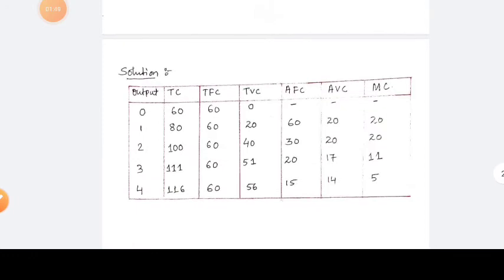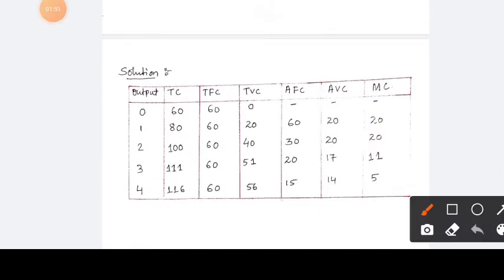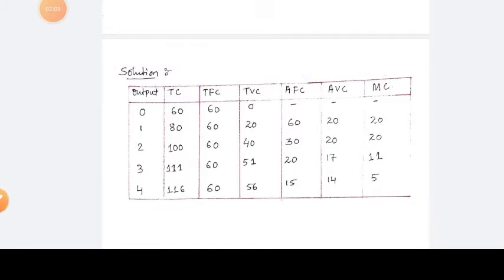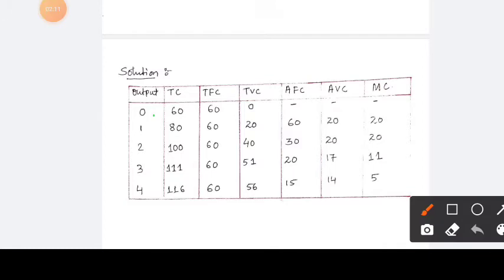The solution. Now we are given output and total cost. Up to here it was mentioned in the question. Now we are asked to calculate total fixed cost, total variable cost, average fixed cost, average variable cost and marginal cost. Always remember that at 0 level of output, the total cost was 60.